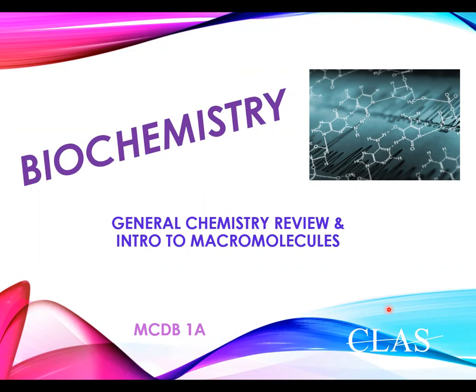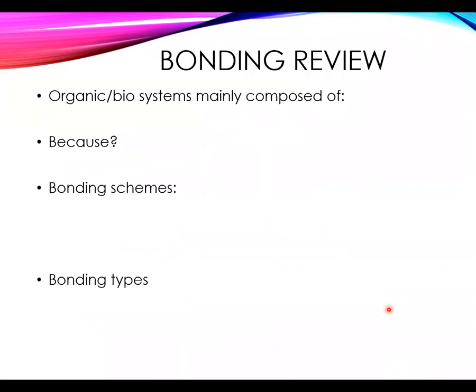Okay, let's get started. First up, a little bonding review. The first question we want to address is: what are the main elements that organic molecules and biosystems are composed of? That's going to be carbon, hydrogen, oxygen, and nitrogen.